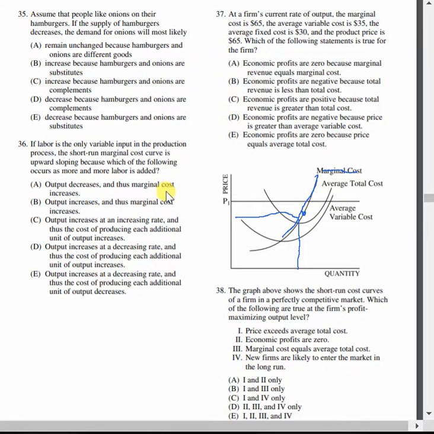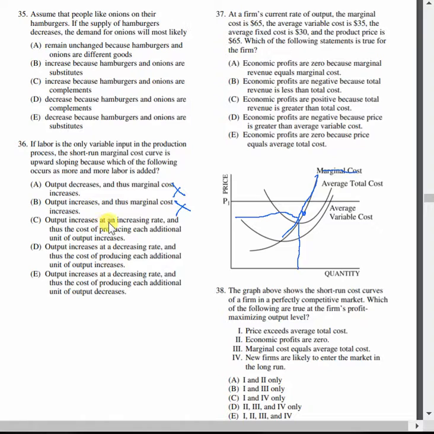All right, so let's take a look at the choices. Output decreases and thus marginal cost increases. Well, we're not decreasing quantity, we're increasing quantity, so that's not correct. Output increases and thus the marginal cost increases. Just because output increases does not necessarily imply that marginal cost increases. Marginal cost increases only when there's some type of inefficiency, so that would not be correct.